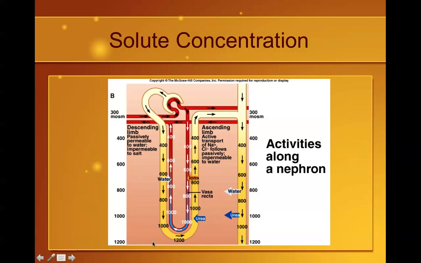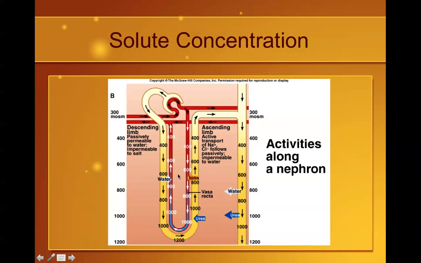What happens is, as the blood vessel starts to go in this direction, running anti-parallel to the descending loop of Henle, you can see that the solute concentration is really high. So because of osmosis, the water wants to go in and equalize those solute concentrations. So as a result, when the blood is leaving the loop of Henle, it's collected all the ions and water that it needed to reabsorb.